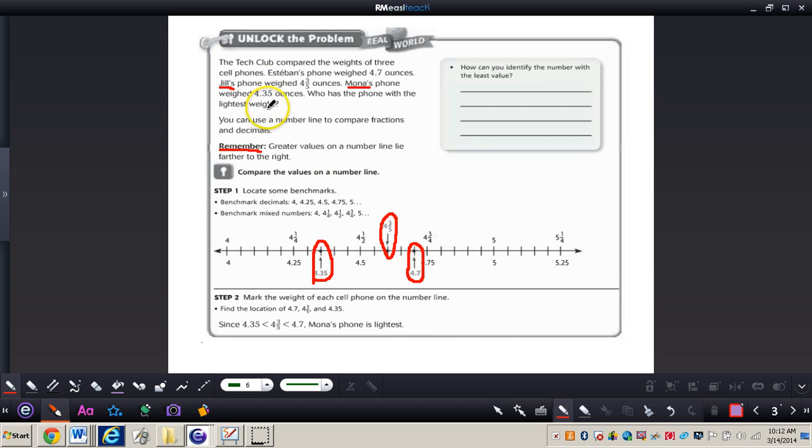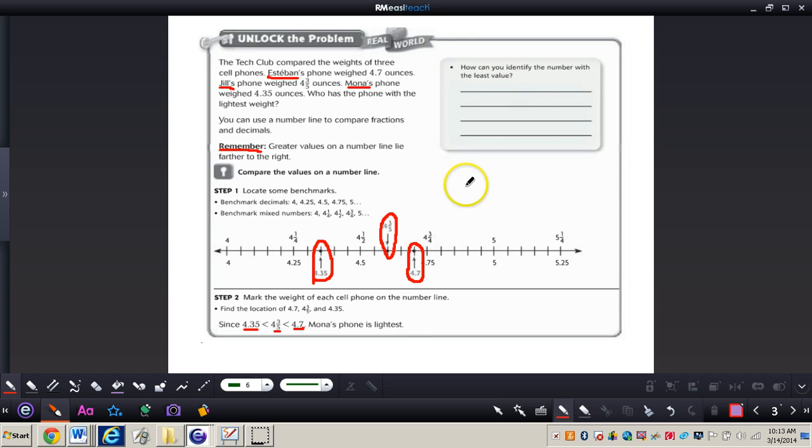And then finally 4 7/10 would be Esteban's. Okay, so we can see how the decimals and fractions can be compared if you use a number line. Remember, the farther to the left, the less the number is worth. The farther to the right, the greater the value is on a number line.